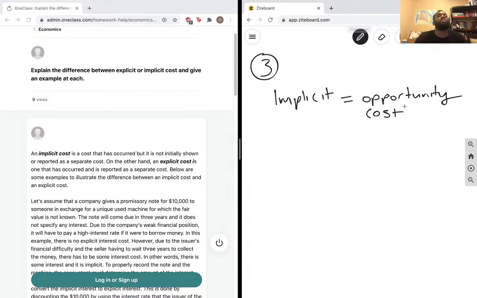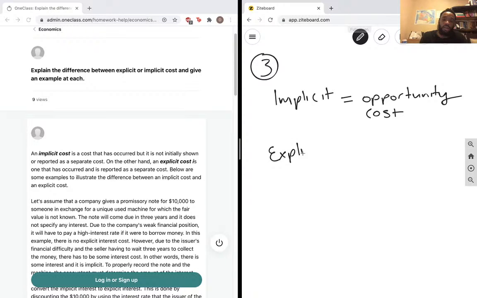And this is just the cost of the value of the other economic activity you could have been doing, rather than the current economic activity. So basically the cost you forgo to participate in an economic activity. And that's not only the monetary value, but also the benefit that you would gain from whatever the alternative could have been.